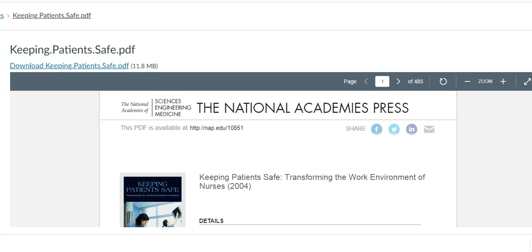So one of the guidelines from the Institute of Medicine states, "To Err Is Human, and Crossing the Quality Chasm, Keeping Patients Safe, lays out guidelines for improving safety by changing nurses' working conditions and demands." So the basic idea of these guidelines is that when we have unsafe nursing environments or unsafe demands for our nursing force, we have poor patient outcomes.